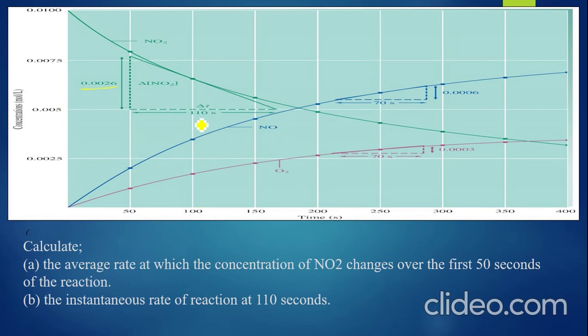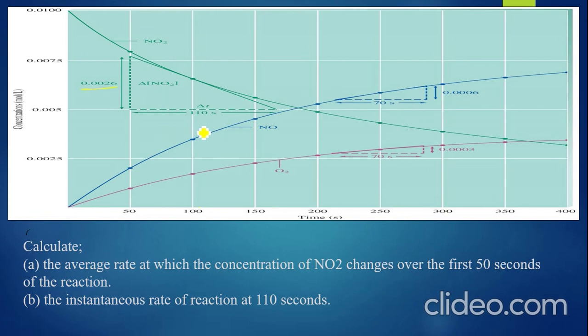So you come here, this is 110 seconds, so the change in time is 110 seconds, and the concentration here has already been obtained, which is 0.0026 in the y-axis. So in the y-axis you're having the concentration, in the x-axis you're having the time, which is 110 given. So this is how you obtain the instantaneous rate.